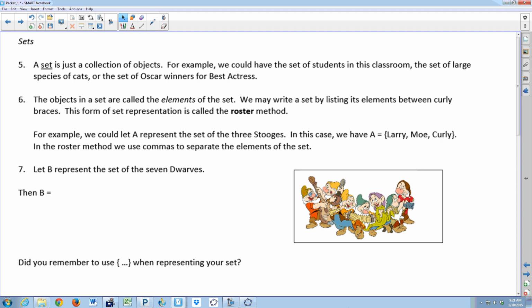Sets, in just simple everyday language, is just a collection of objects, okay? Sometimes we can represent a set by listing all of the individual elements of the set. The objects in a set are called elements. And sometimes we can just list them.